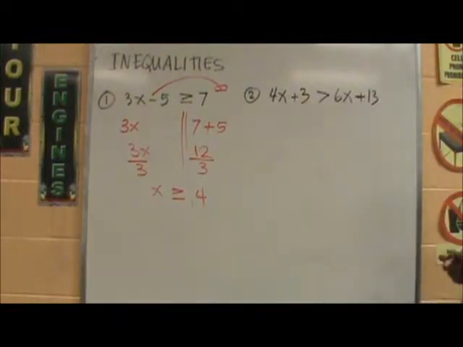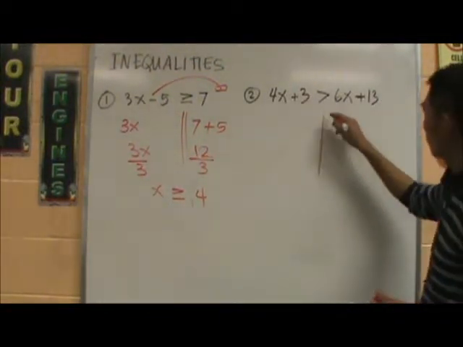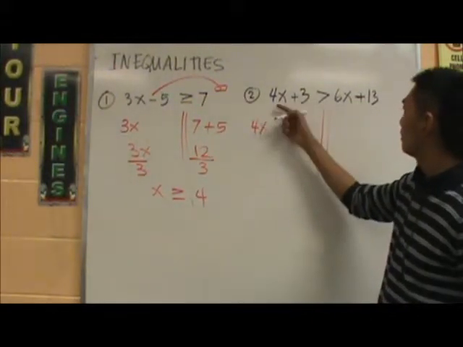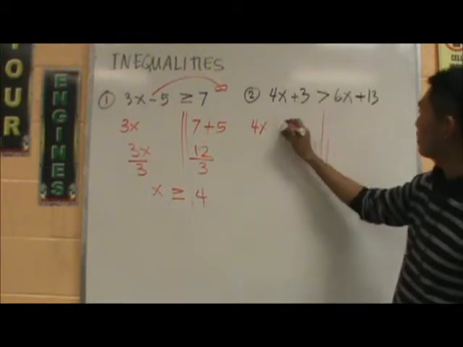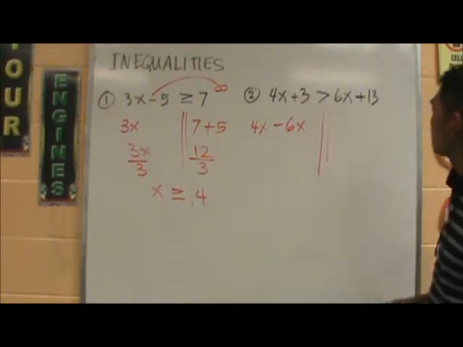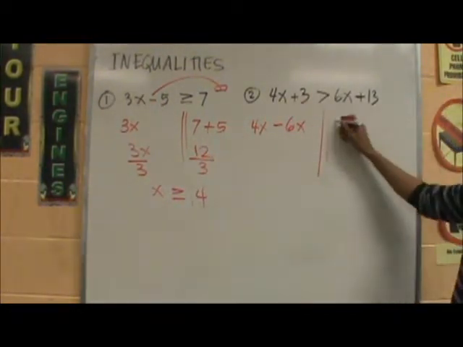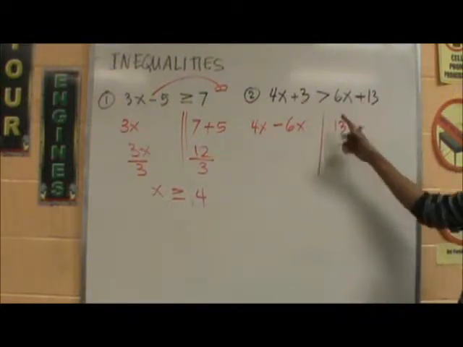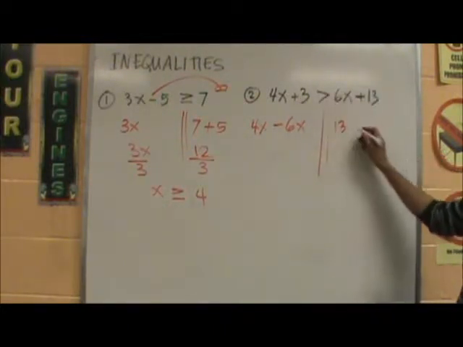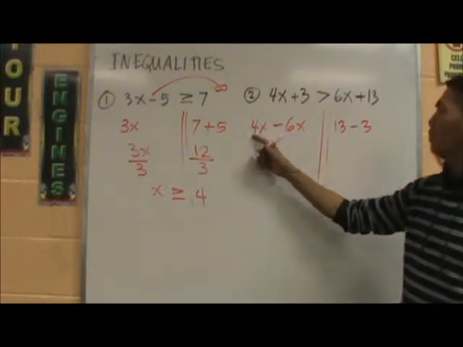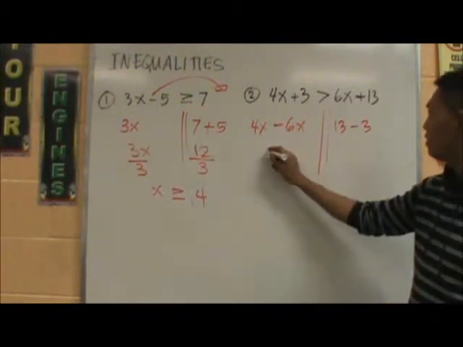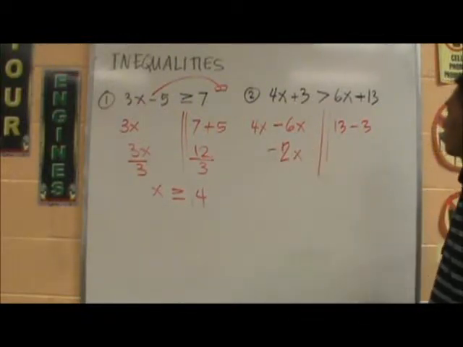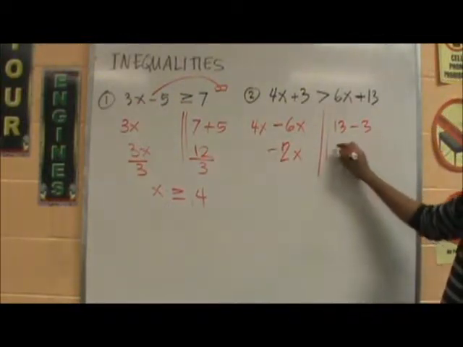Again, you've got to draw the bridge there. We need both x's on the left side, so that 6x becomes -6x. Numbers should be on the right side, so that positive 3 moves over and becomes -3. 4 minus 6 gives you -2x. 13 minus 3 is 10.